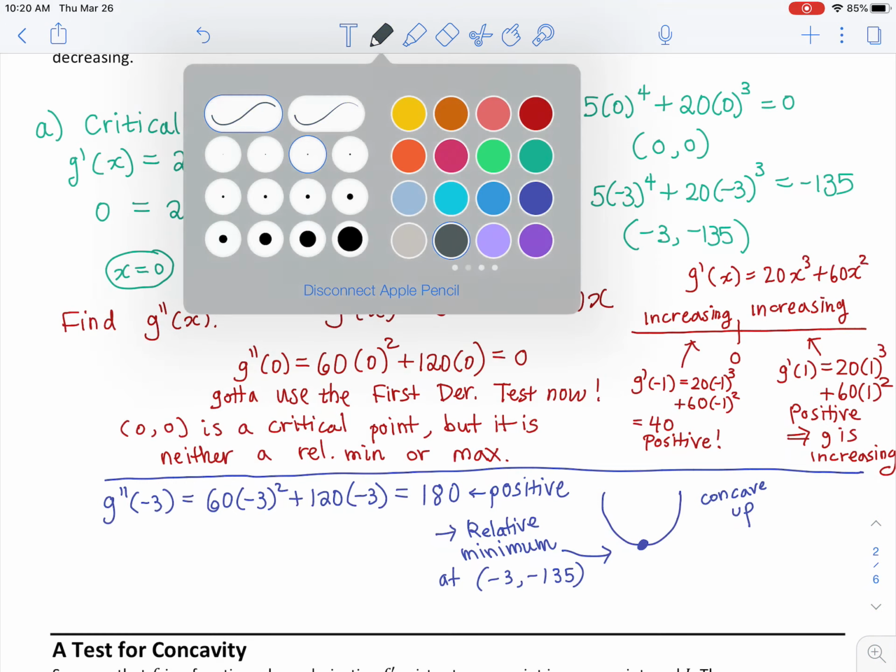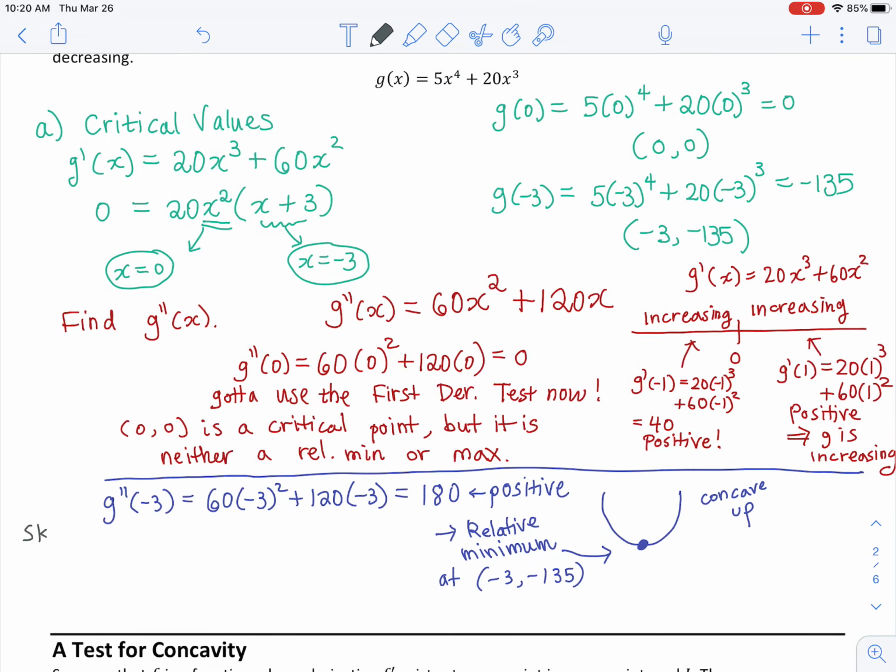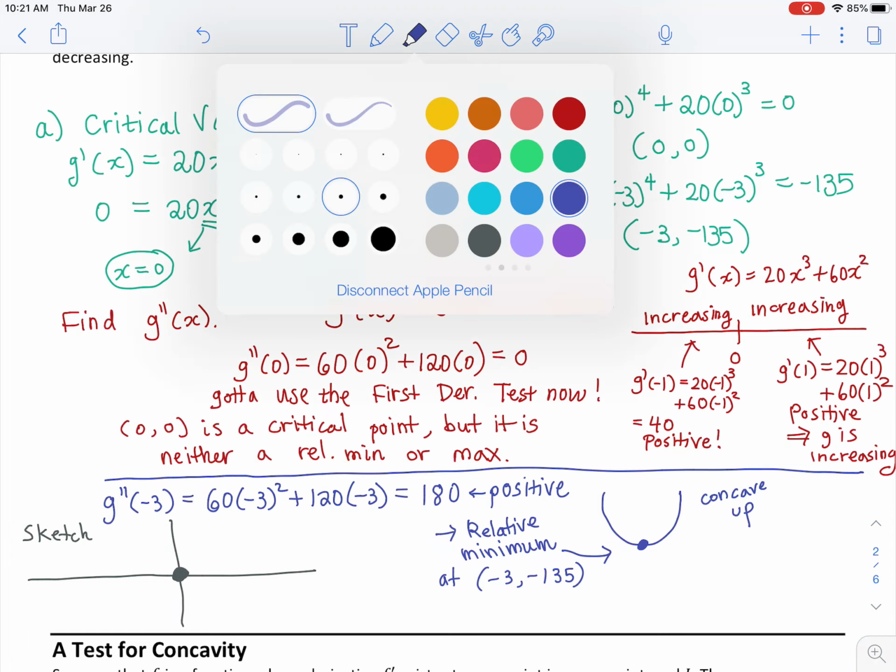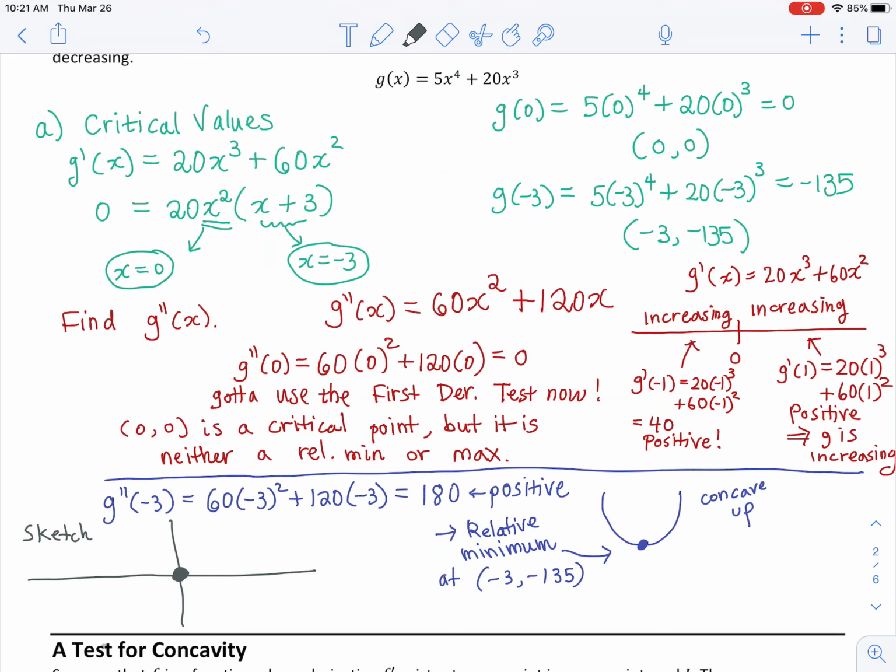In order for us to tell where this is increasing or decreasing, we will need to sketch this real quick. Alrighty, let me sketch this over here in my tiny little room. My first one was 0, 0, right? Now this, we already know what it looked like. This one was increasing to the left, kind of stopped a little bit, and it's increasing again. But let me plot my -3.